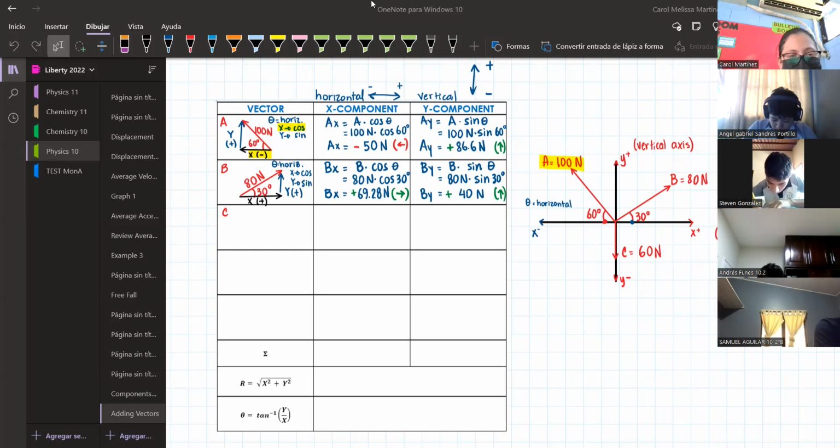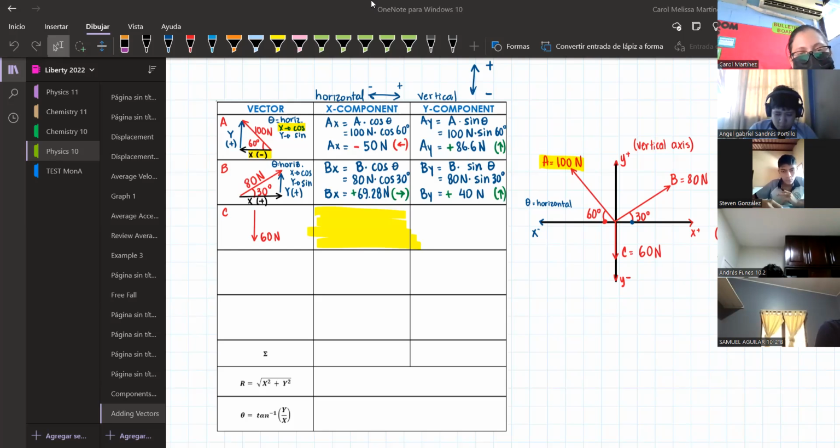Now we need to work with the third vector, the vector C. Vector C is coming downward. And as you can see, it has a value of 60 Newton. Now, this is the easiest of the three vectors. Why? Because you need to analyze how this vector is moving horizontally.